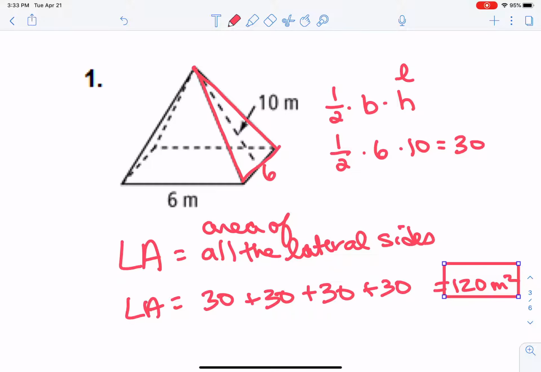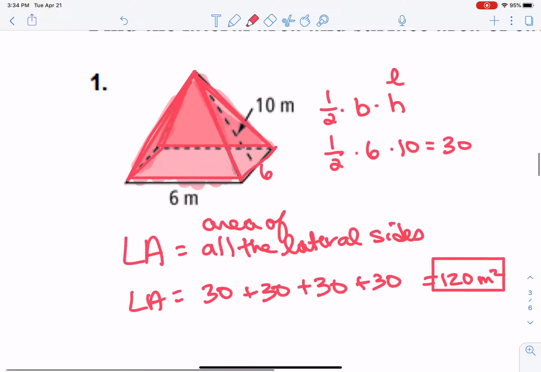So that's the lateral area, and I'll shade it. It would be this triangle and this triangle. They're all the same. This one. And of course the one in front. It's kind of hard to draw, but all of the sides of that pyramid, the lateral sides, 120.